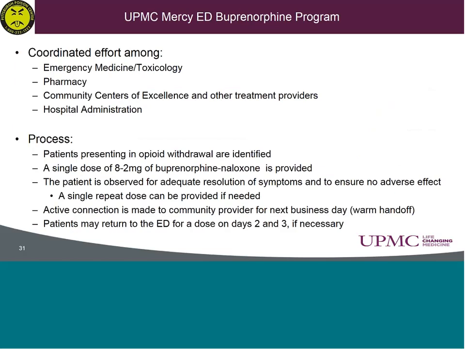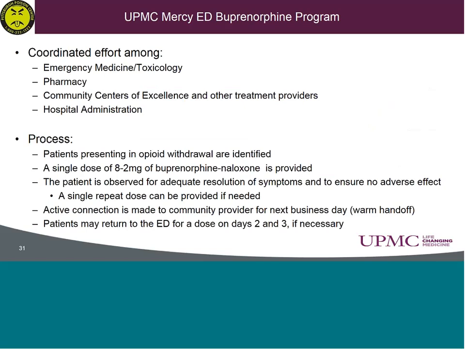One of our EDs sees the highest volume, in fact almost half of our entire system's opioid-related visits, and we started ED buprenorphine there. But because most of my partners were not X-waivered, we started a process of single-dose ED buprenorphine and bringing folks back if they needed to for subsequent treatment, with active engagement and referral to outpatient providers, ideally the next day, but as soon as possible.